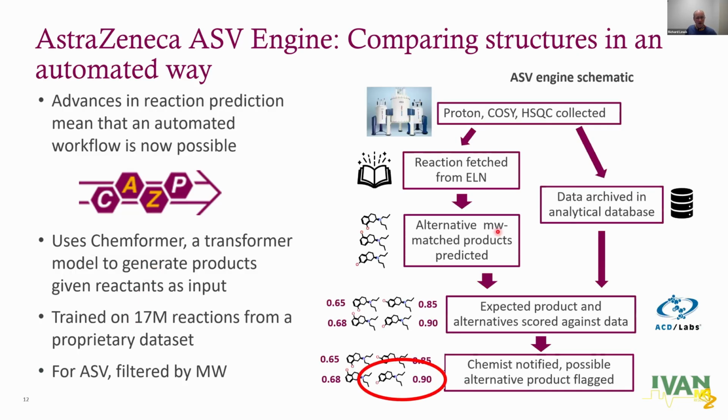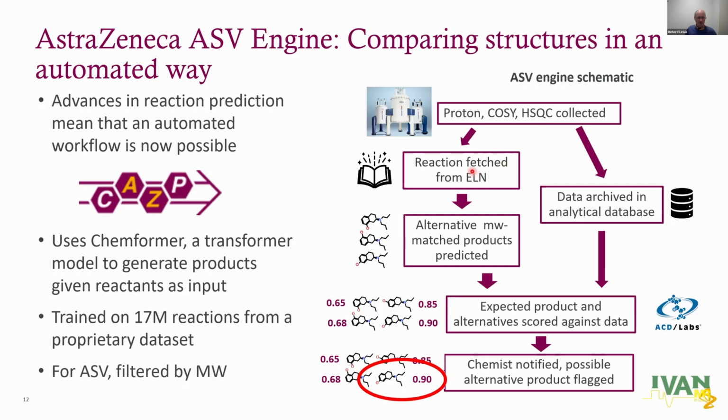So putting that all together, what is actually happening? So we are collecting proton, COSY and HSQC spectra automatically. These then go into the analytical database. So they're archived automatically. So at that time, a parallel process starts. So the ELN reference, the chemist's lab book reference, is embedded in the data.